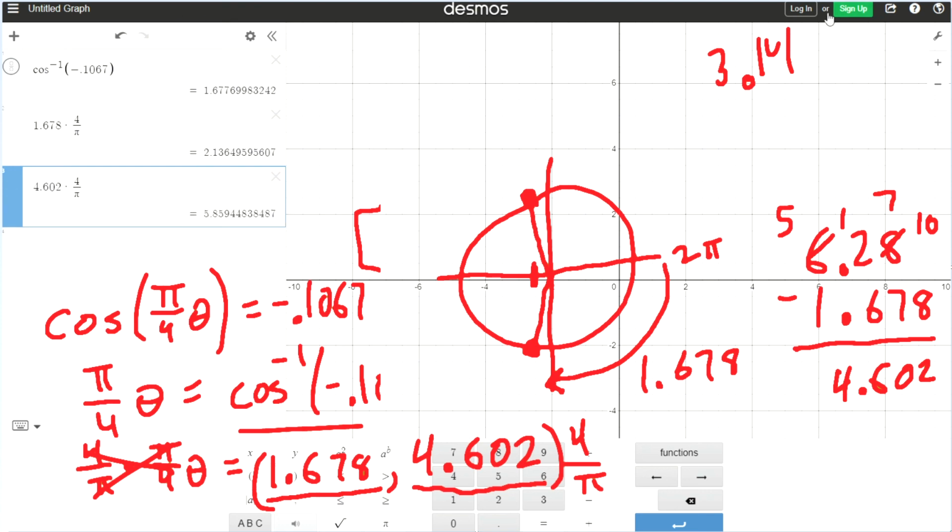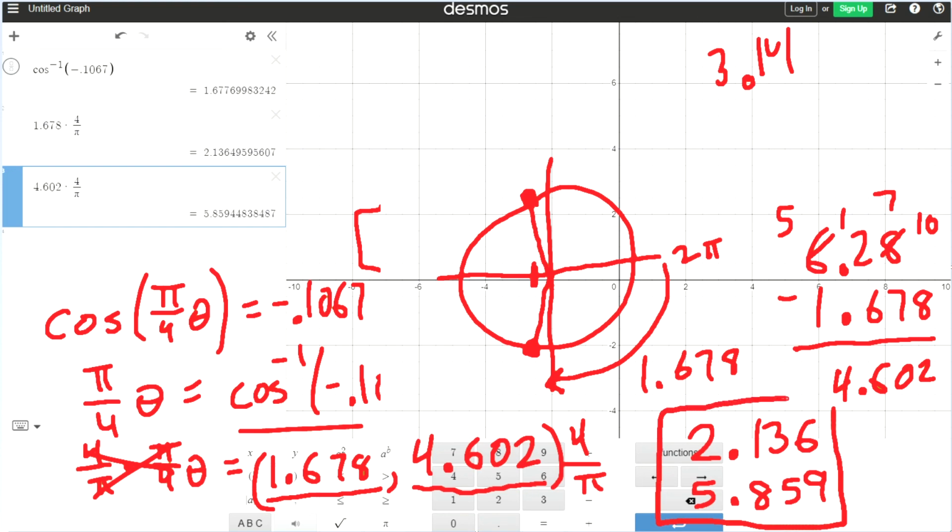So my two solutions that I get are 2.136 and 5.859. That is theta.